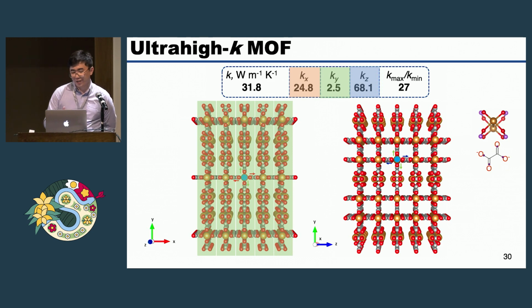So what's happening here is that the thermal conductivity is maximized in the X and Z directions, but minimized in the Y direction. So we sacrificed the Y direction because of the perpendicular interactions. Overall, we believe that topology is very important for heat transport. The high thermal conductivity in MOFs is the right combination of the right topology with the right structural and compositional properties. For example, if you just take this topology but use longer linkers, then you'll have larger pore sizes, and you won't get high thermal conductivity.